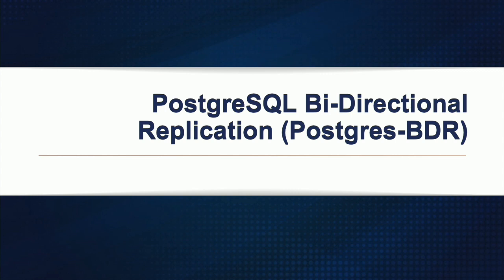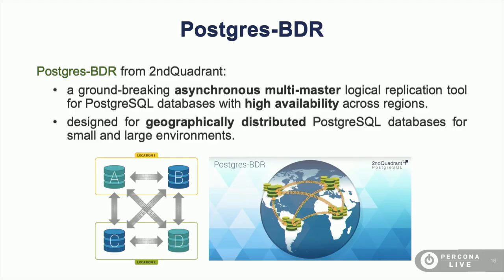Postgres Bi-Directional Replication, also known as Postgres BDR, and primarily Postgres BDR1, has been designed and implemented by a company by the name Second Quadrant. It's a groundbreaking asynchronous multi-master logical replication for Postgres databases with high availability across regions.